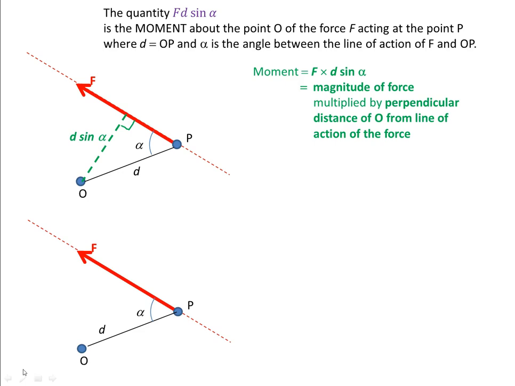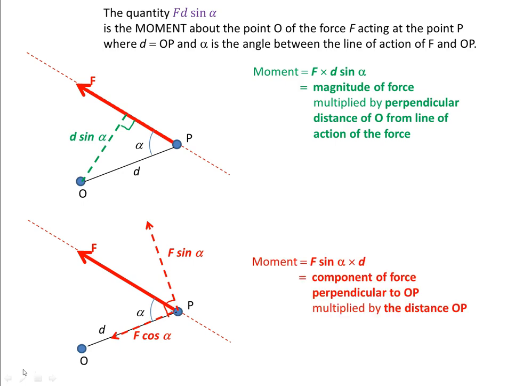Alternatively, we could say that the moment of the force is F sine alpha times d, which is the component of the force perpendicular to the line OP, times the distance OP. And you may find either of these two formulations of the moment of a force useful.